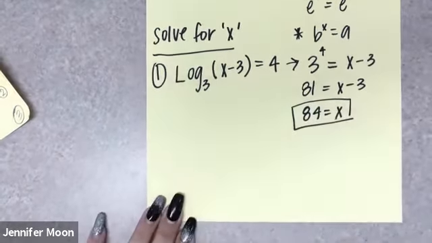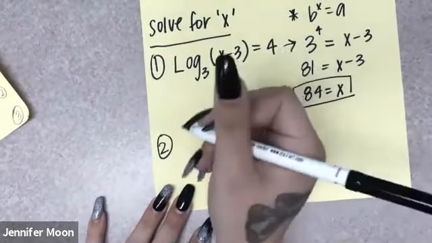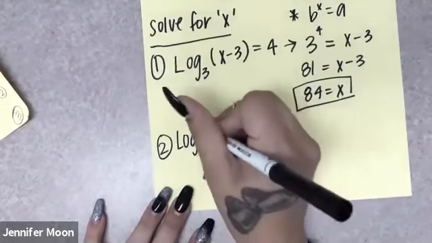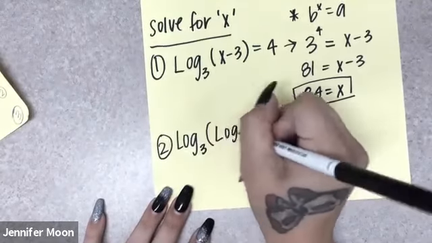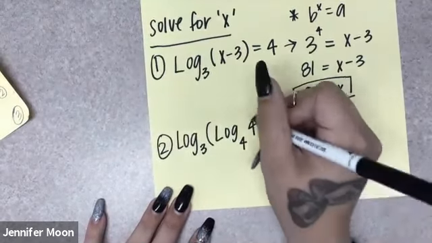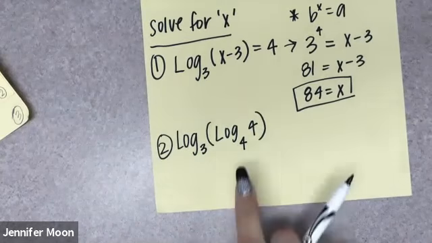Okay, so let's do the second problem. Say we have log base 3, and then in parentheses, I have log base 4 of 4, close your, like I said, close your log, close, open and close.